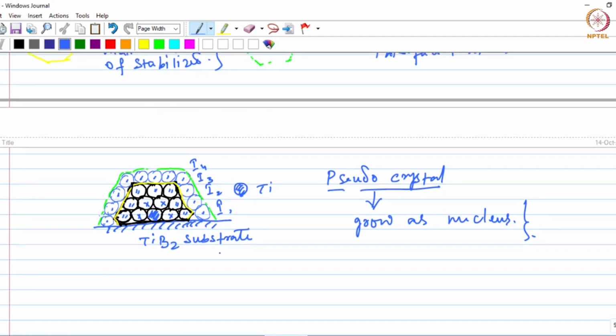And the other thing to note over here with regard to this hypernucleation theory is the fact that elements having similar size to aluminium will actually promote this hypernucleation.